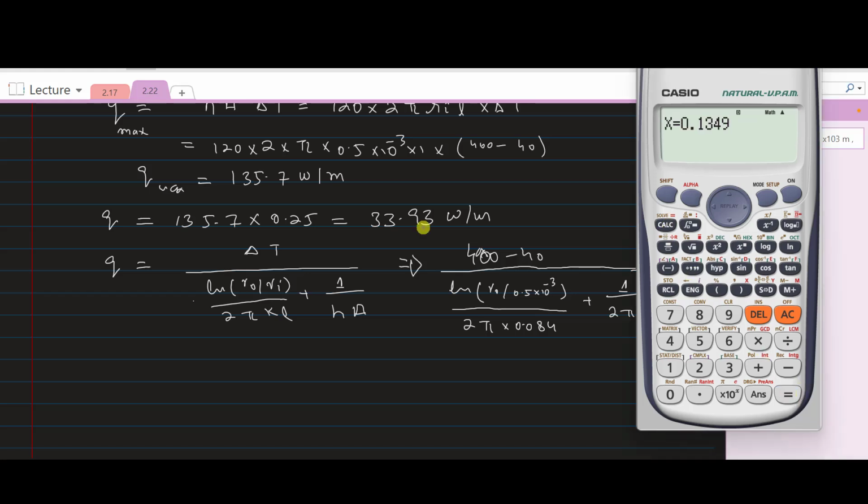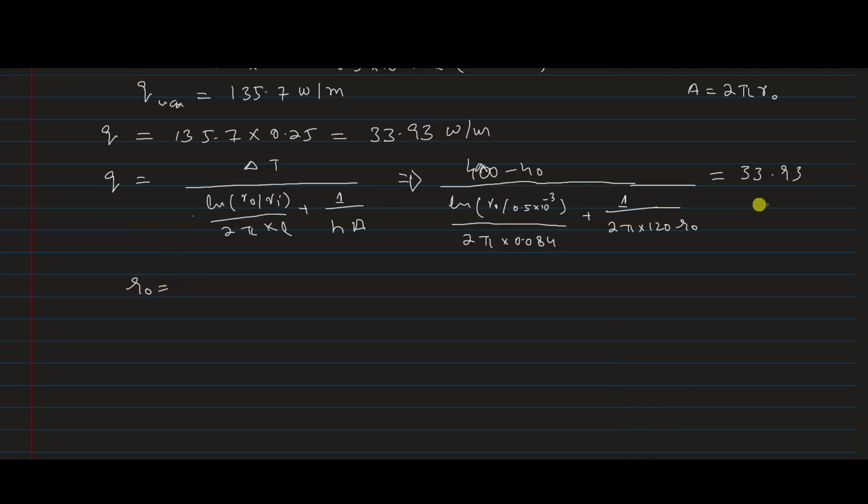After solving these equations on the calculator, the x value you will get is 0.1349. After rounding, the R0 value is 0.135 meter. Convert that into millimeter, just multiply with 1000, so you will get R0 as 135 millimeter.